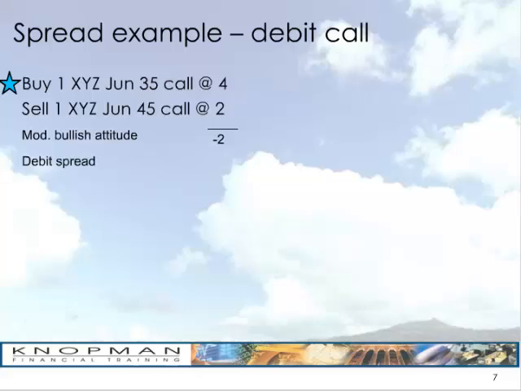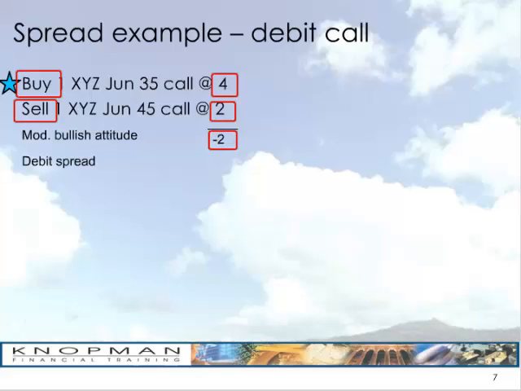So two calls or two puts, in this case two calls, and you buy one and you sell one. First thing you're going to do with the spread is aggregate your premiums. So we bought the first one and paid $4. Second one we sold and collected $2. So we paid $4, collected $2, so overall we paid $2.